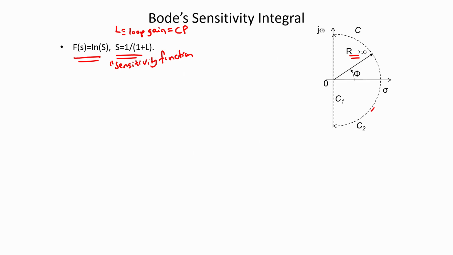If this is the contour of the region within which we are going to be applying Cauchy's theorem, we note that in this region the function f(s) is going to be analytic for the reasons that we discussed just a few minutes back, and hence we would have that the contour integral of ln(S) ds over the contour C, which is essentially equal to minus the contour integral of ln(1+L) ds, is going to be equal to 0, because f(s) = ln(S) is an analytic function everywhere within the contour C that we have defined here.